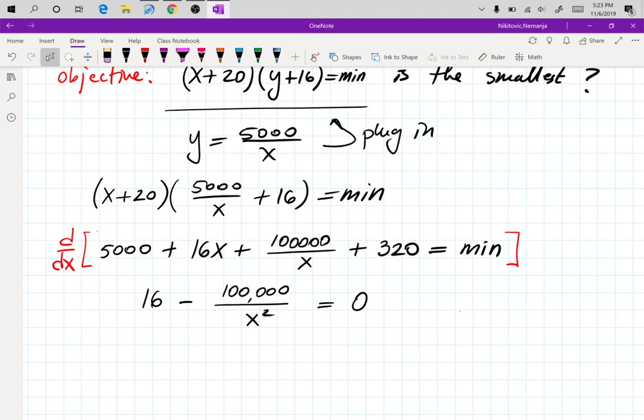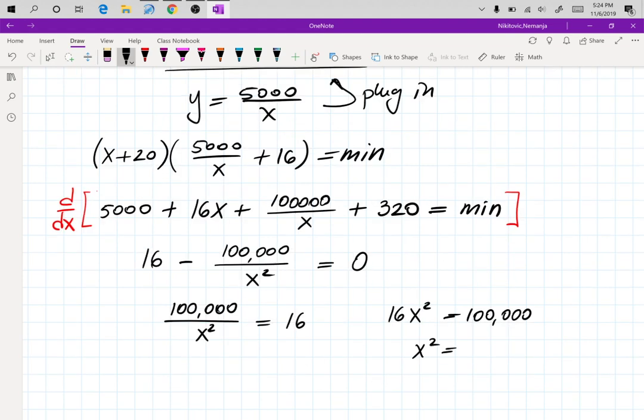The derivative of 1 over X is negative 1 over X squared, times 100,000. So we have 16 minus 100,000 over X squared equals 0. So 100,000 over X squared is equal to 16, 16X squared is equal to 100,000. X squared is equal to 100,000 divided by 16.